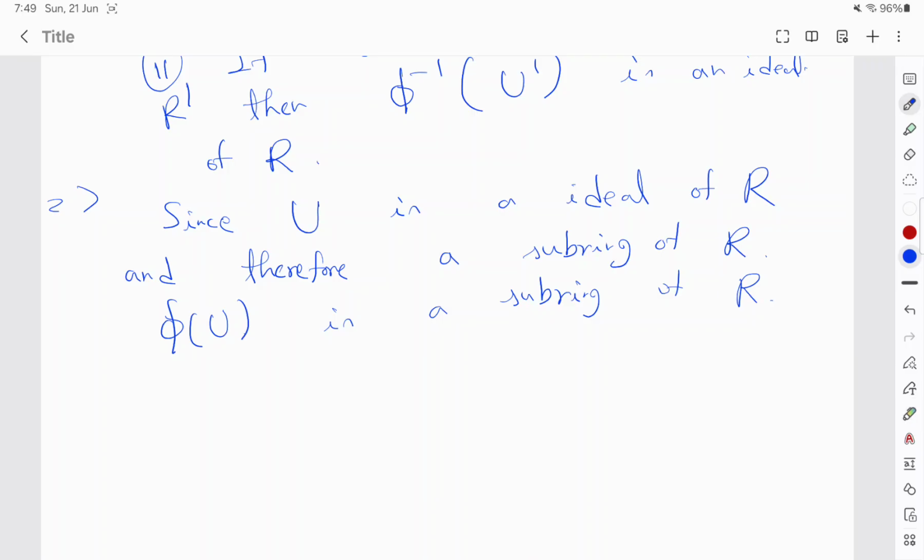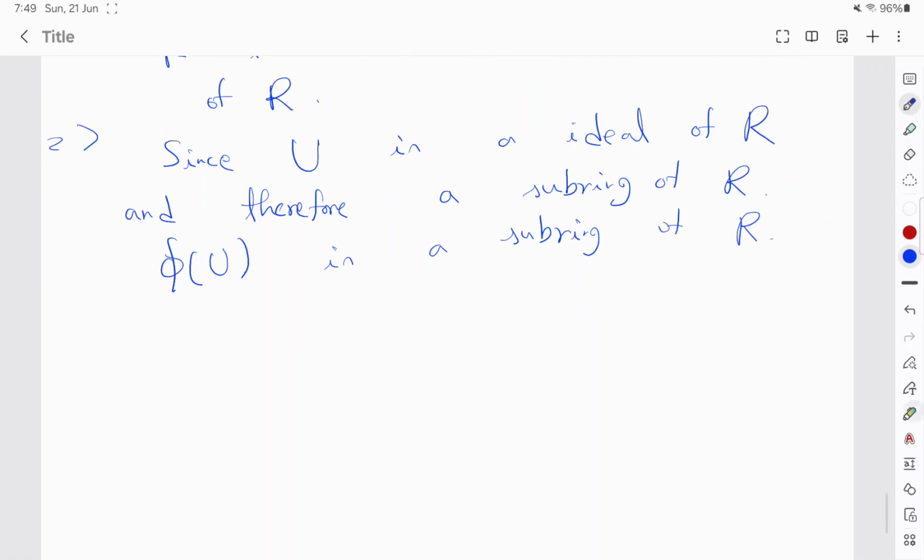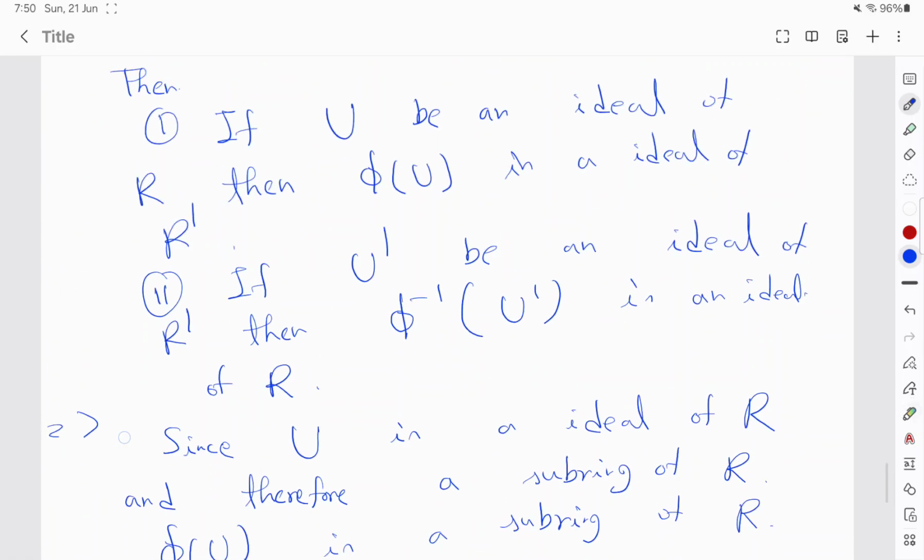This is done. Now what you have to prove for the ideal property is that if you take any element from that ideal, for example a, and any element r from the ring, then ra should be in that ideal. This is for a left ideal, and conversely you have to show ar. These two things should be inside that ideal, then it is proved to be an ideal. I am doing only the first one.